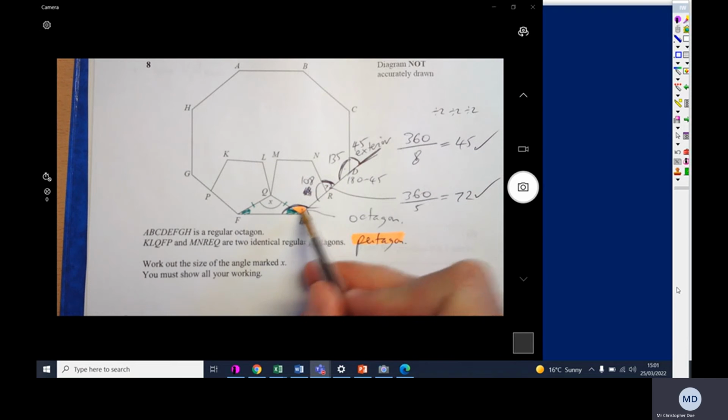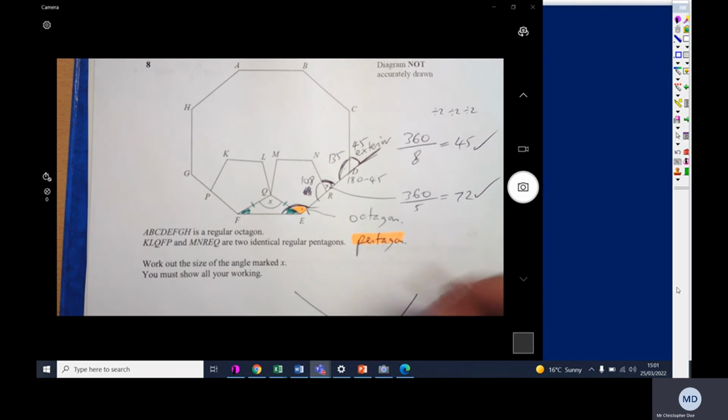So looking at this key part of the drawing, if I make that a little bit larger, I want the green bit. This big bit here is from the octagon, and the interior angle of an octagon is 135.